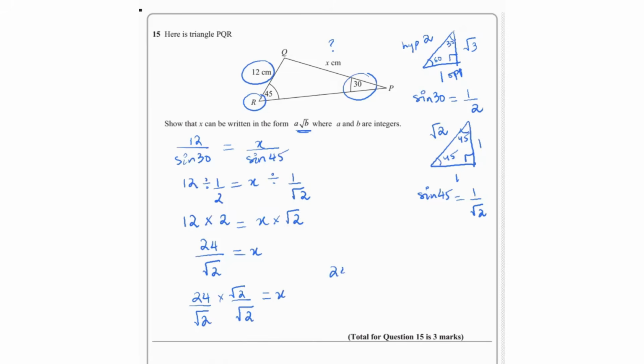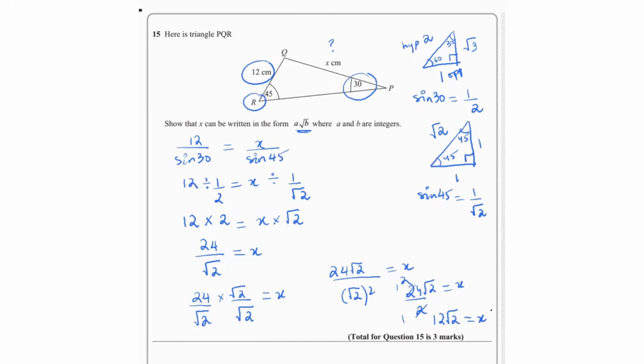That's going to be 24 root 2 over root 2 squared. Square of a surd is the number inside the surd. So 24 root 2 over 2, which simplifies to 12 root 2. So 12 root 2 is the value of x.